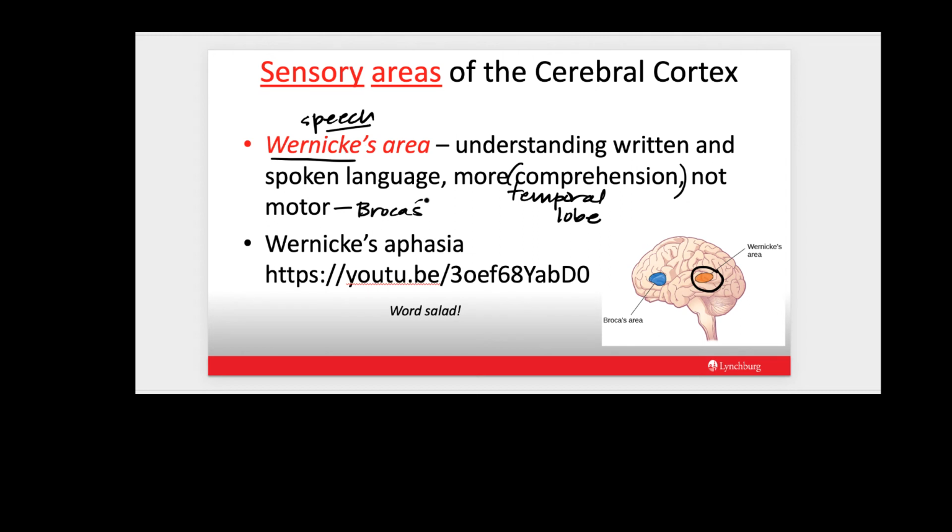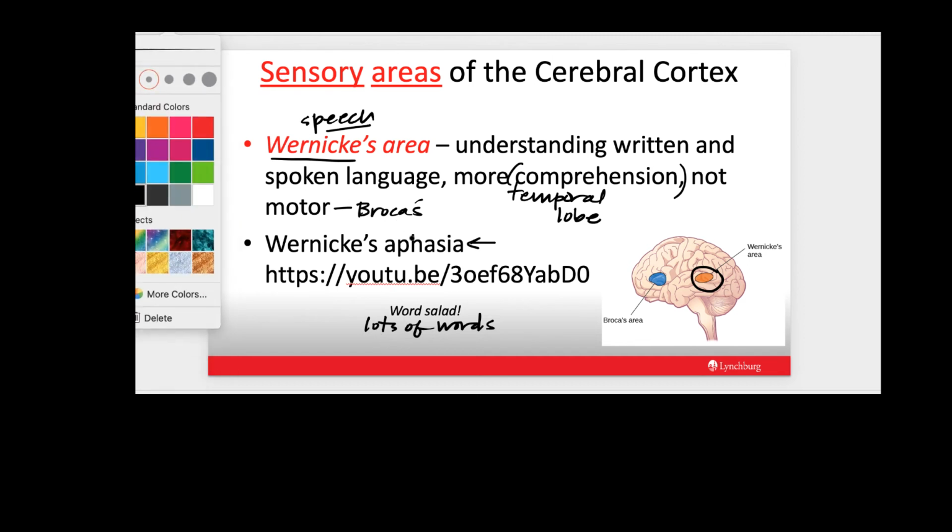Just like in our other scenario, we could have a patient who had a stroke that affected Wernicke's area. This patient would present with Wernicke's aphasia, and basically we describe these patients as having word salad. They can have lots of words coming out, but they really don't make sense.